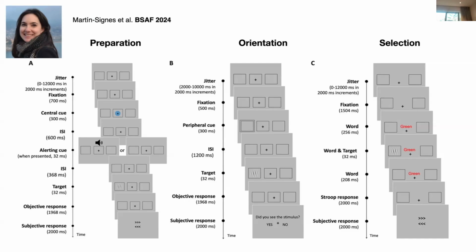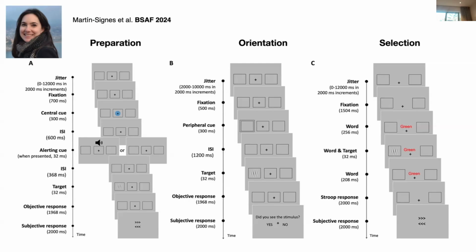For example, you can tell the participants the target is going to happen very soon by preparing them with an alerting cue, which is a tone that happens exactly before the target. So the participants are really on edge to detect the target, and they're faster to say it was left or right.